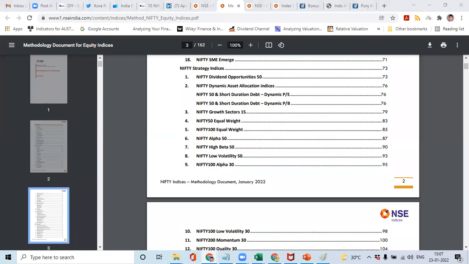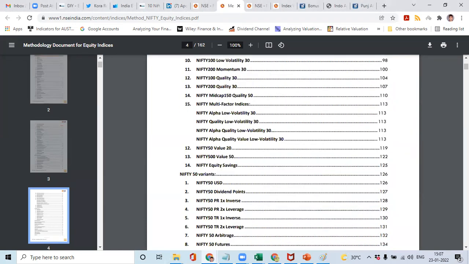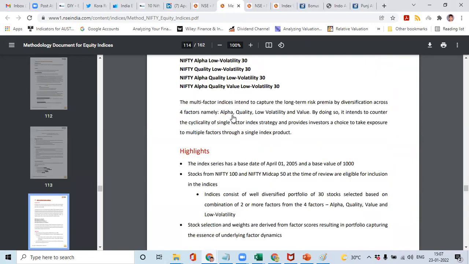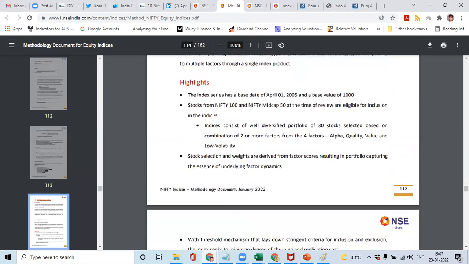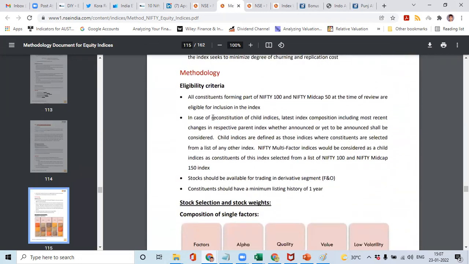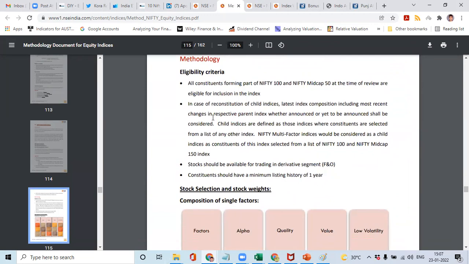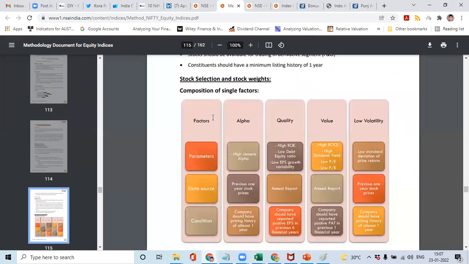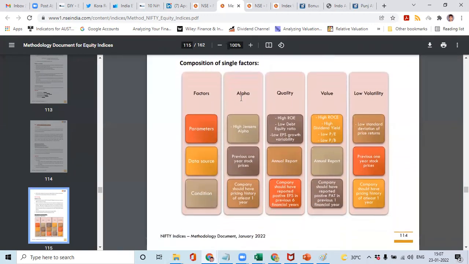This one. Eligibility criteria is whatever broader index you want to use, you can use. And these are all the various factors: alpha, quality, value, and low volatility.